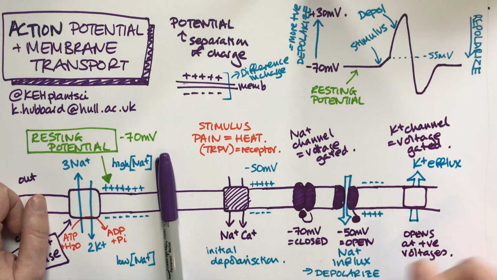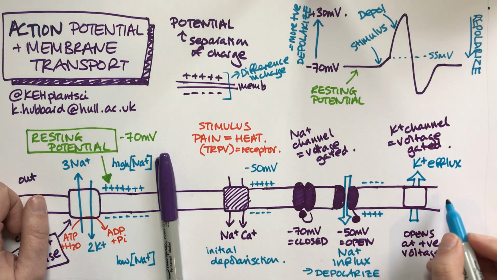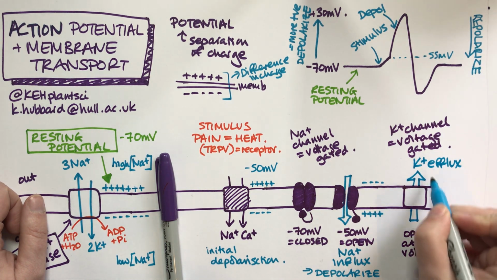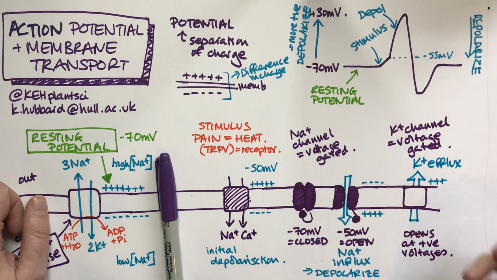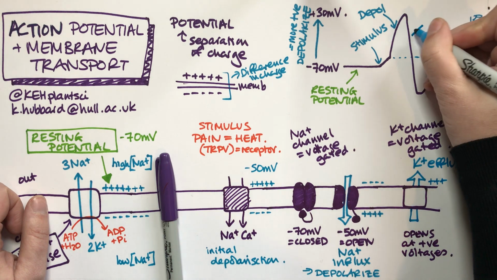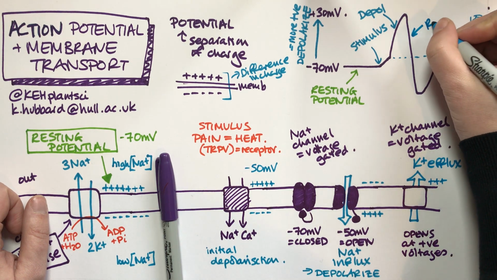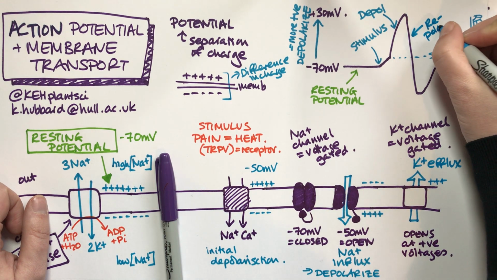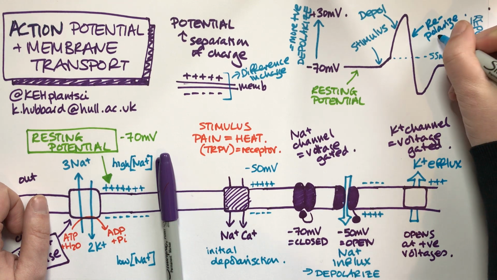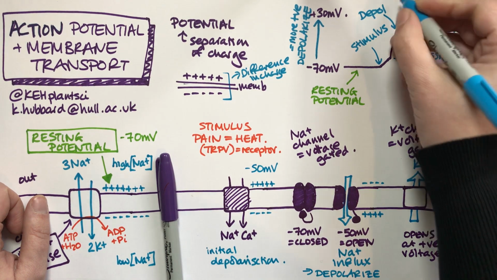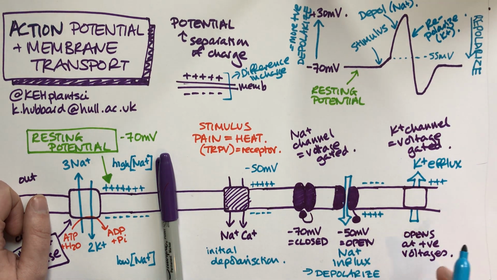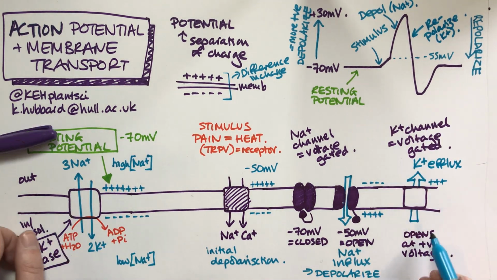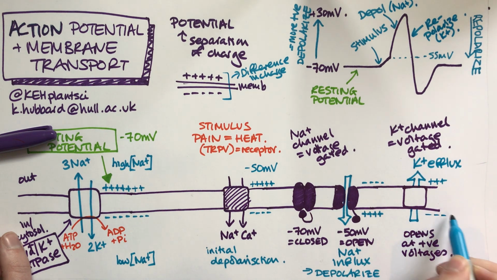Okay, so what we'll do is we'll start to rebalance the charge. So we're starting to get positive charge on the outside of the membrane again. So this is the repolarization. In there is all about potassium. The depolarization was all about sodium. Okay, so then the potassium is going out, so we're going to start to restore that original charge balance there.